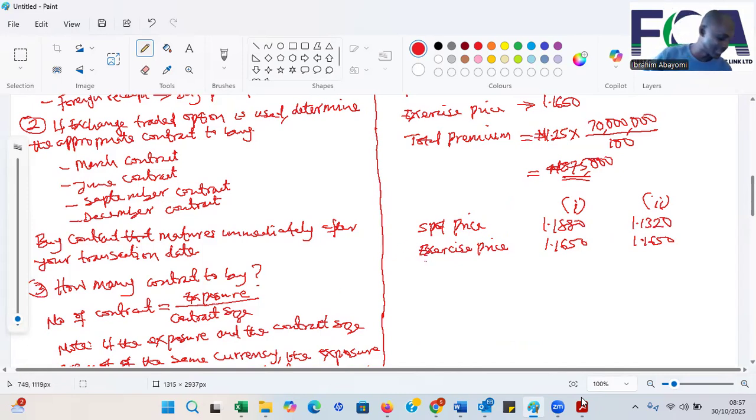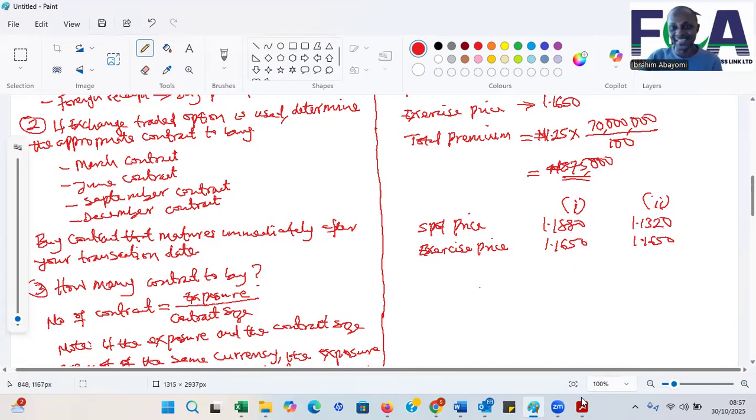Now, we have agreed that I will buy Naira at 1.165. But in 3 months' time, the selling price of Naira is actually 1.188 and 1.132.